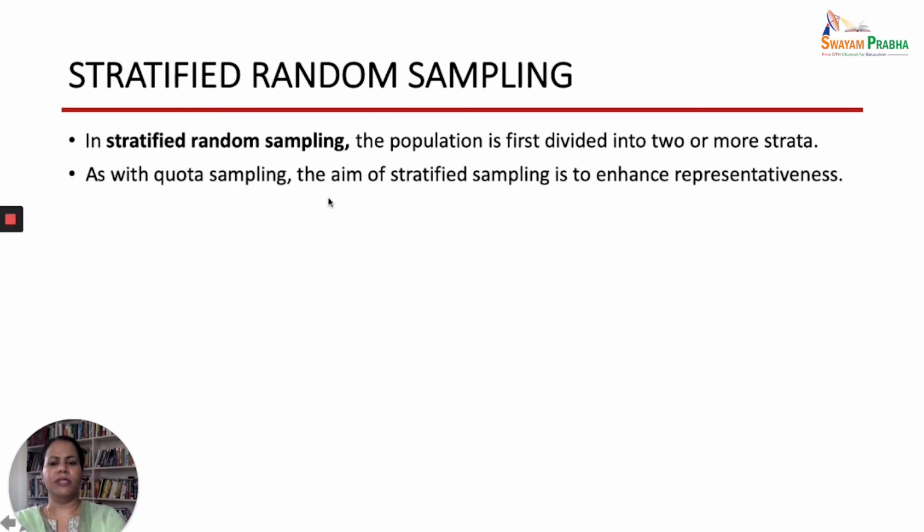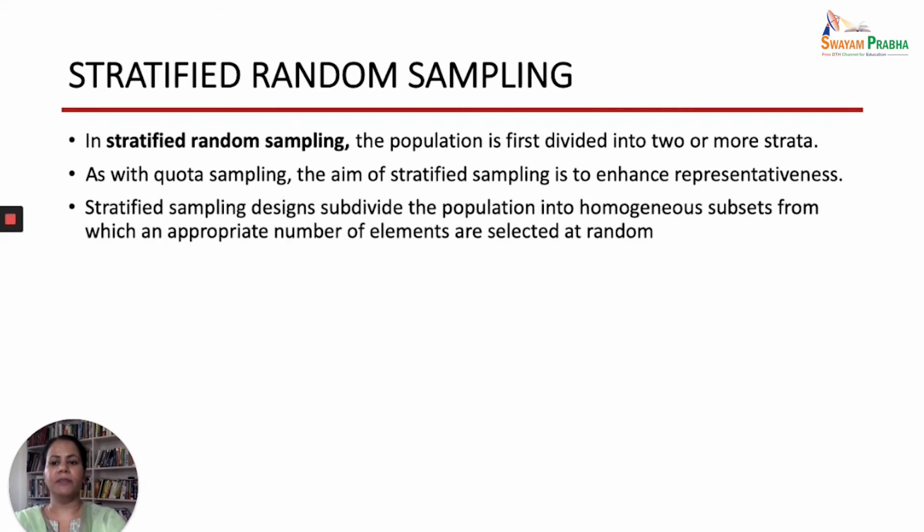As with quota sampling, the aim of stratified sampling is to enhance representativeness. Because we are selecting the subjects from each group, our representation of each segment in our sample will be better.